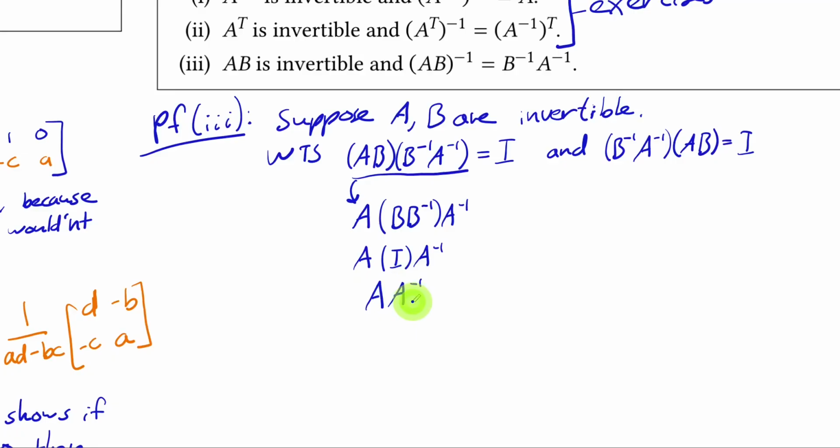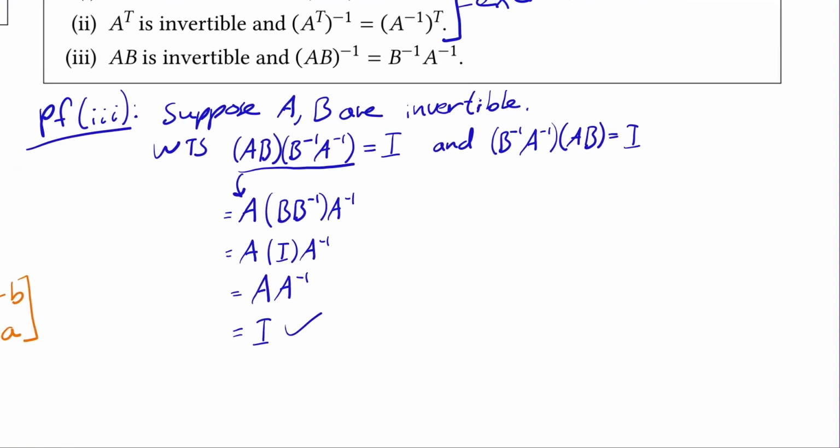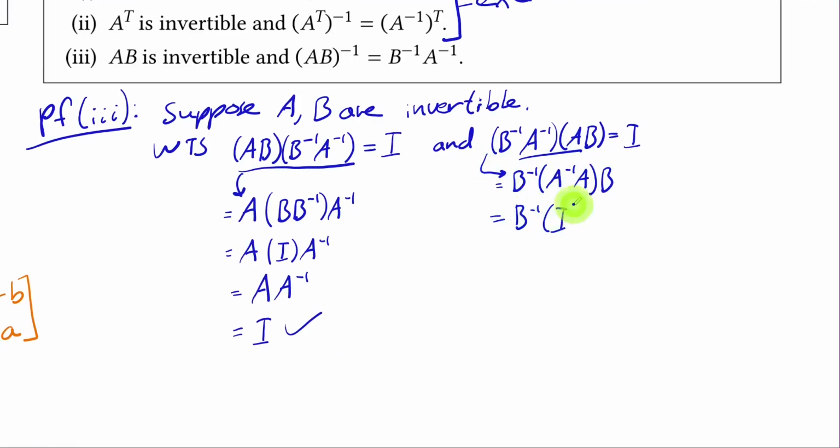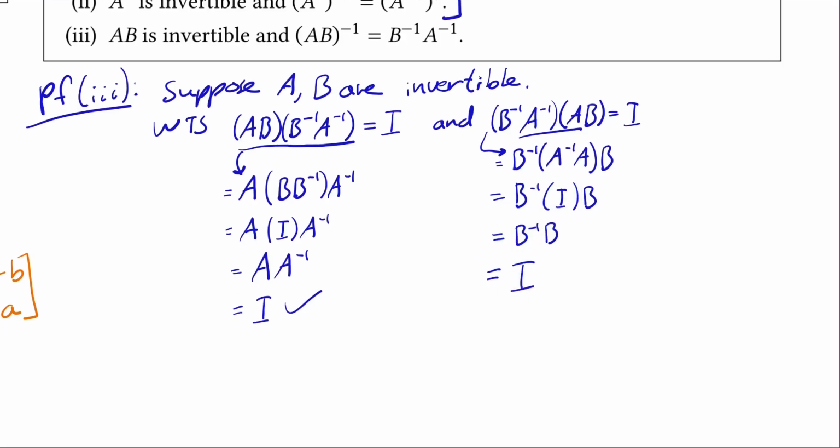And we also know that A times A inverse is the identity. So yeah, that part works. And the same idea works here. Either way you get the identity. So yeah, that shows that we have the inverse of AB.